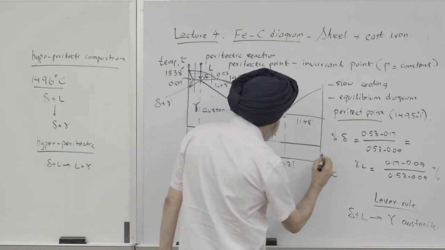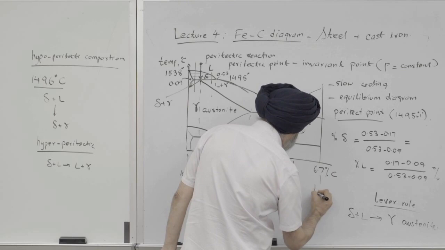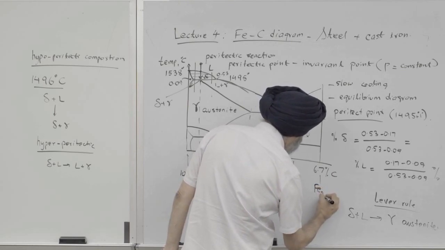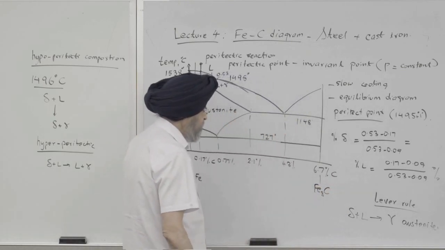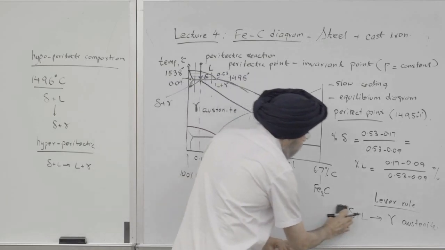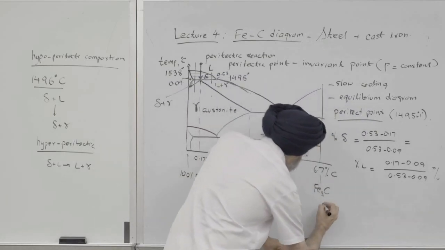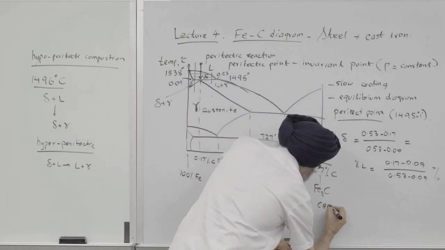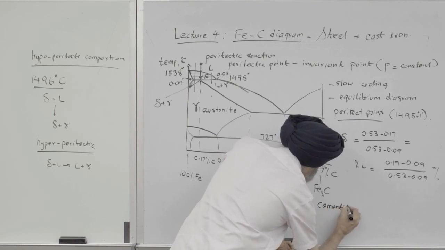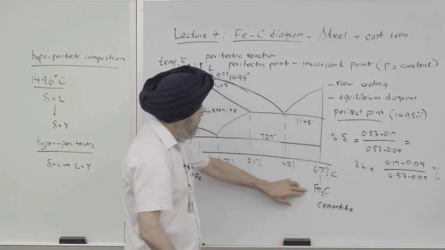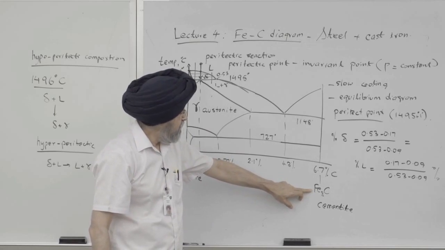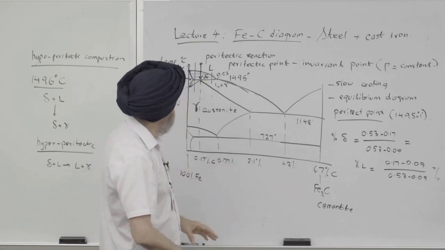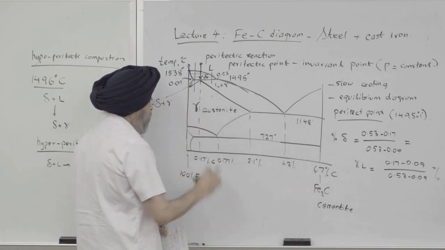At this point, stoichiometrically, this is Fe3C, and we call this intermetallic phase cementite. So Fe3C intermetallic is called cementite, and here we have the austenite phase.